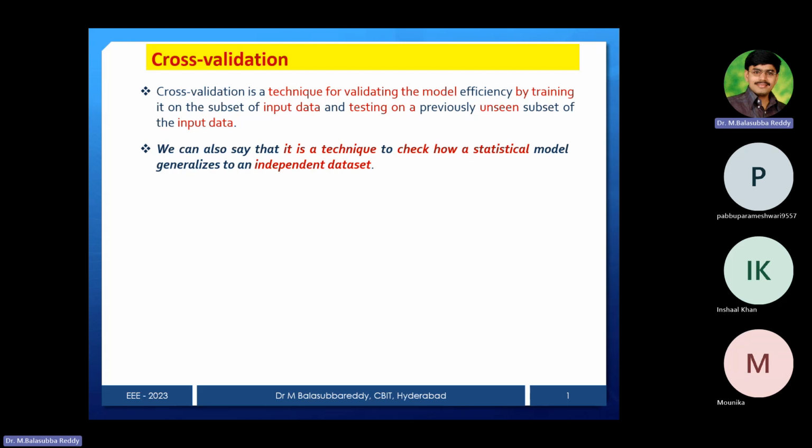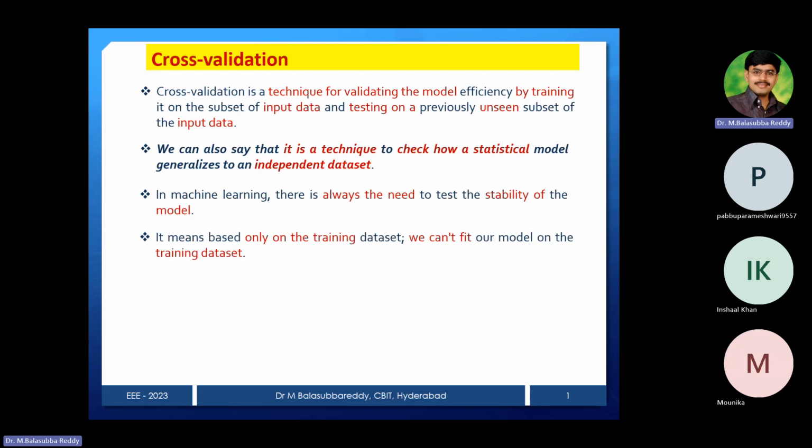Independent data set in the sense that it is not in the normal training set. It will be separated, and from there onwards we are able to test that model. So always there is a need to test the stability of the model. Once the model is developed, we have to check its efficiency.